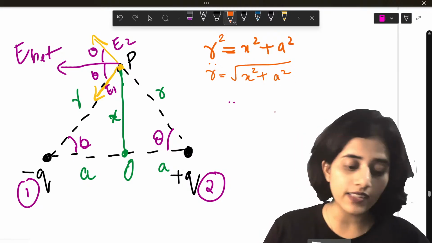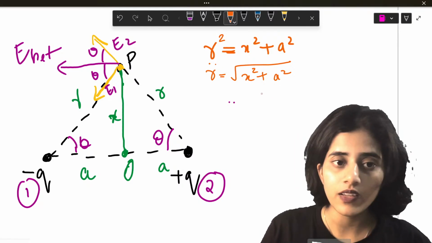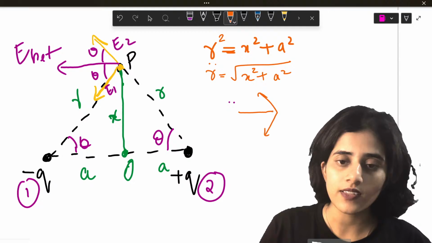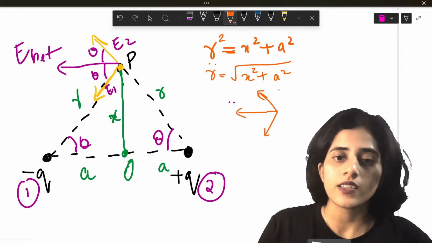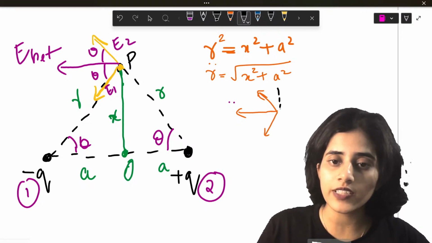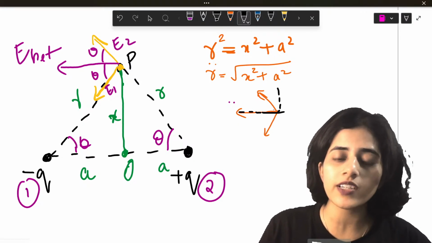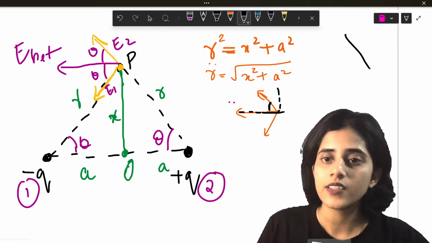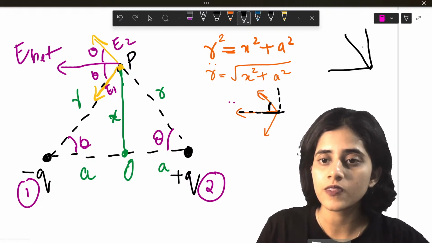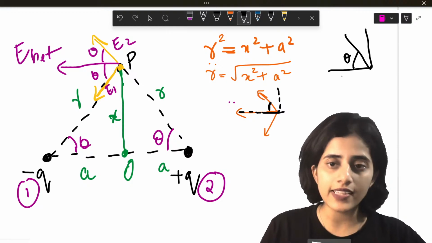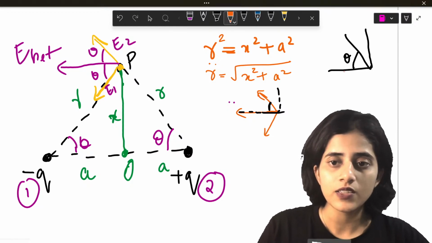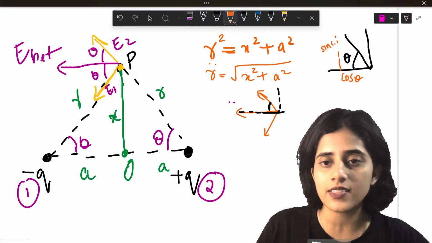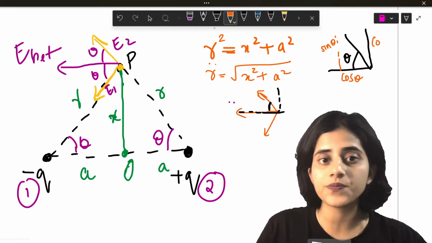Next is the angle. You can see that this is 1, this is 2, this is the net. This is going to be the vertical component and this is going to be the horizontal component for this particular angle. So let me draw that here. If this is theta, then the adjacent side is going to be cos theta, and the opposite side is going to be sin theta.